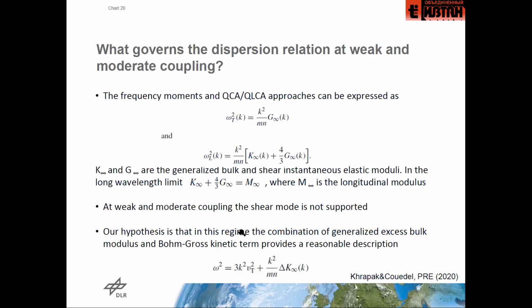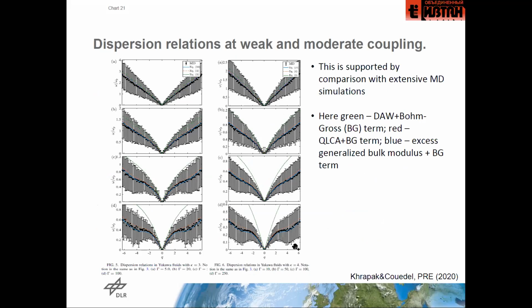So the hypothesis here is that when coupling becomes weak, the dispersion of the longitudinal mode is provided by the sum of the excess bulk modulus and the Bohm-Gross kinetic term. And indeed, molecular dynamic simulations demonstrate that this is the case.